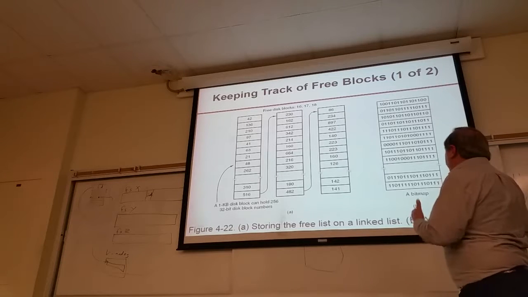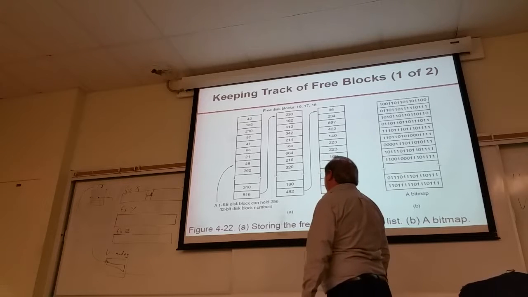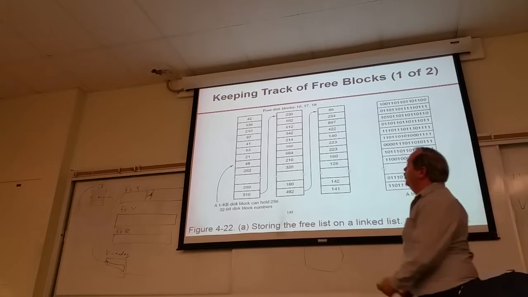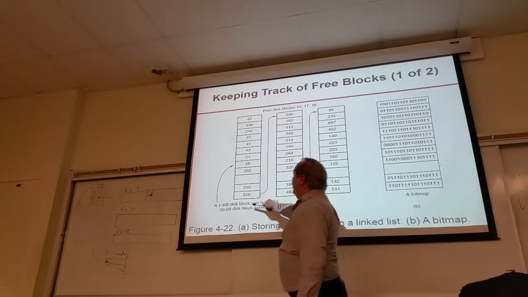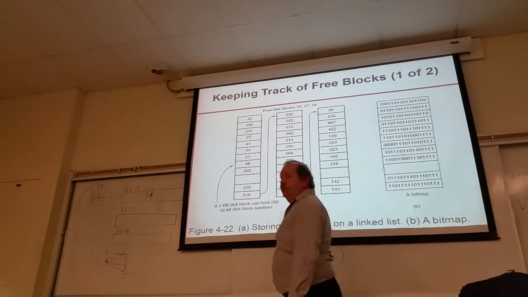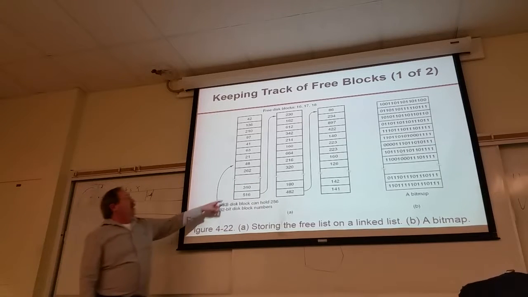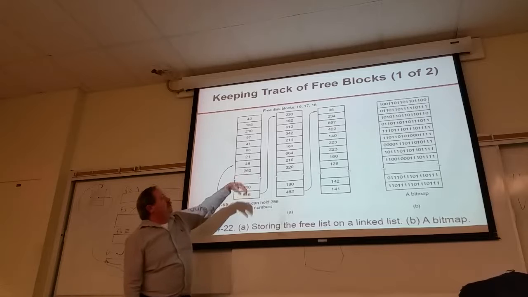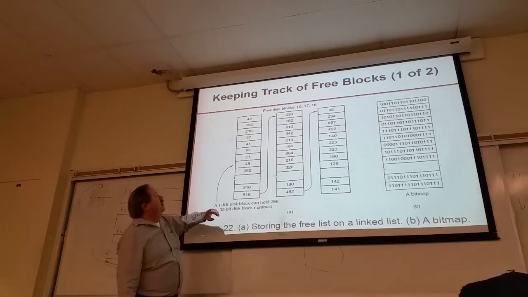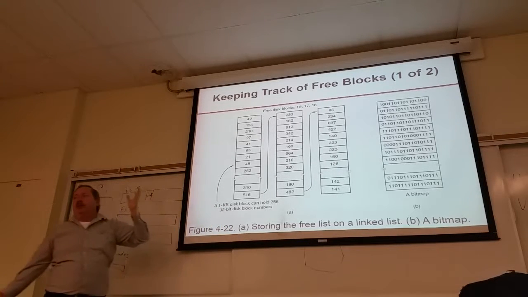So there's a couple of different approaches, as you might guess, on how we can do that. One way will be storing them in a linked list, right? So that's what this shows here. So if we have 1024 byte disk blocks handling 256 32-bit addresses, I can go ahead and store all of my free data blocks inside of an indexed list, and I simply insert and delete, right?